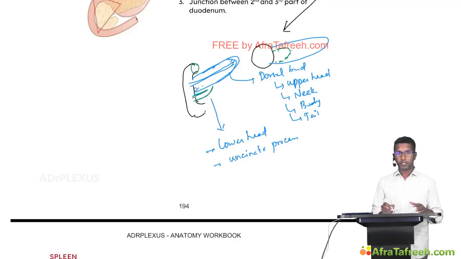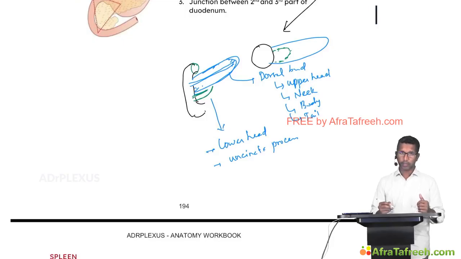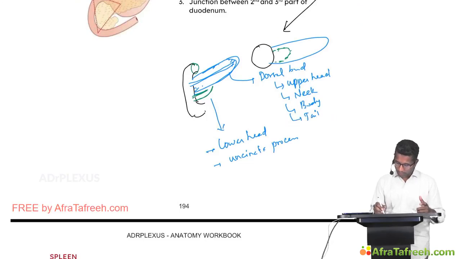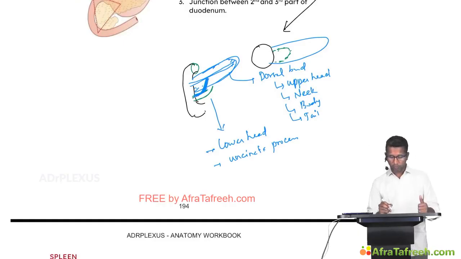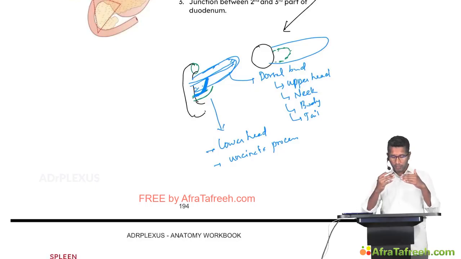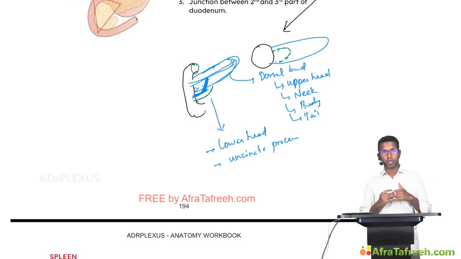But during the course of development, the duct of the dorsal bud fuses with the duct of the ventral bud, and they open into this papilla, which becomes the major duodenal papilla.